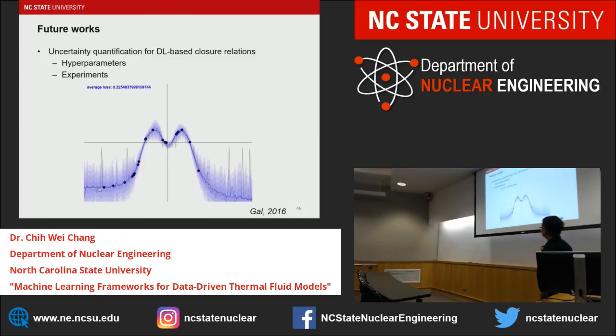We can see that where we have data, the uncertainty is small, and the shadow part shows the uncertainty. For the region where we don't have data, or the data is not as dense as in the middle part, we will have a large uncertainty. How to regularize that uncertainty will be important work in the future.